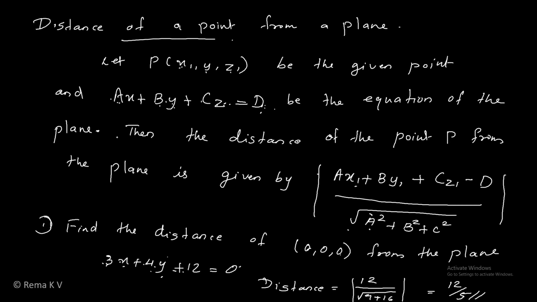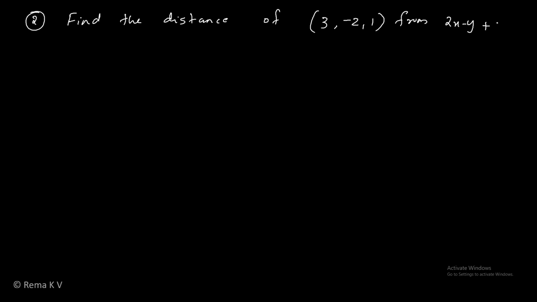Okay, one more question. Find the distance of the point (3, -2, 1) from 2x minus y plus 2z plus 3 equal to 0.